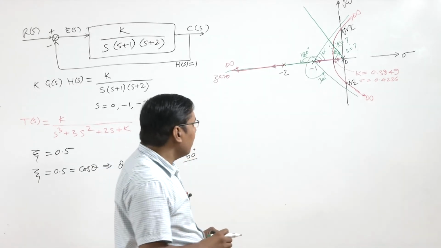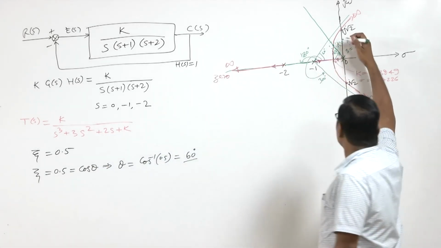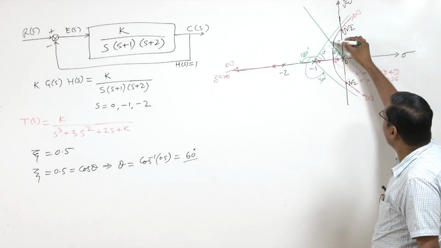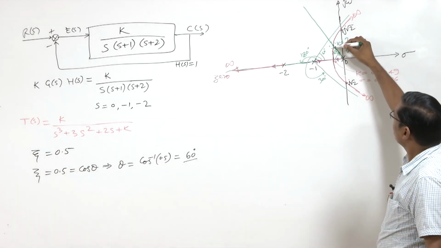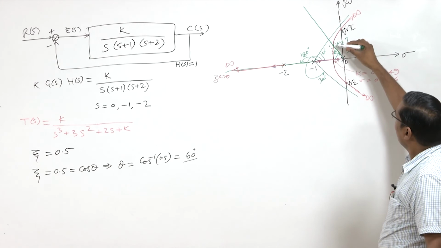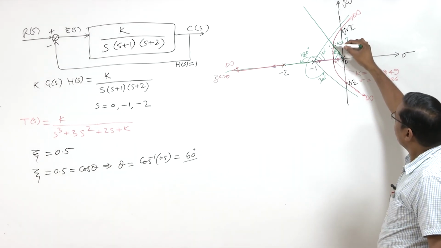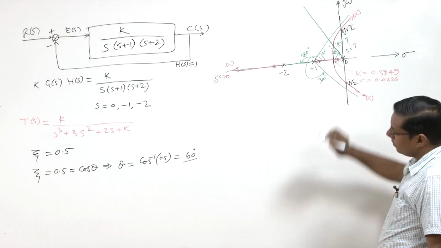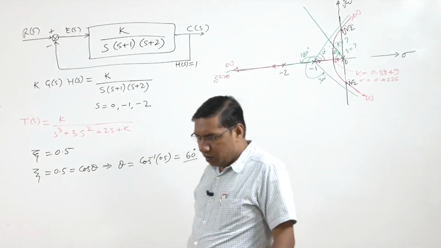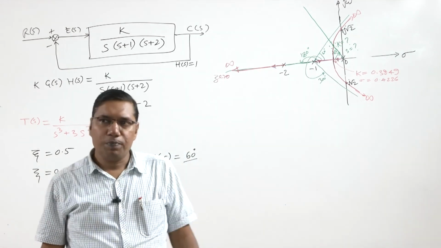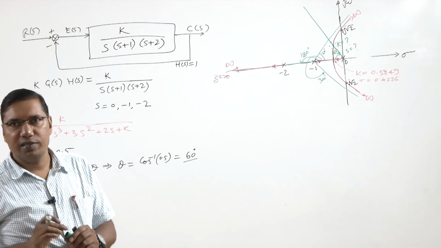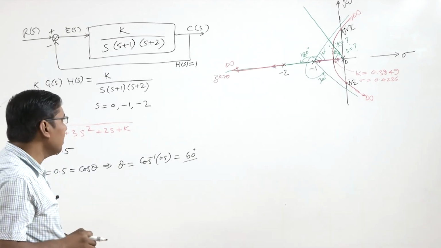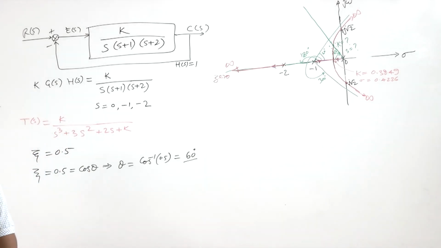We can take 2-3 test points on this line nearby in this area. So we assume some point on this line and check whether the angle is an odd multiple of 180 degree, and the point that satisfies this criterion will be the point where this line cuts the root locus.